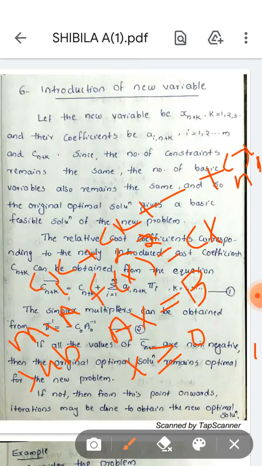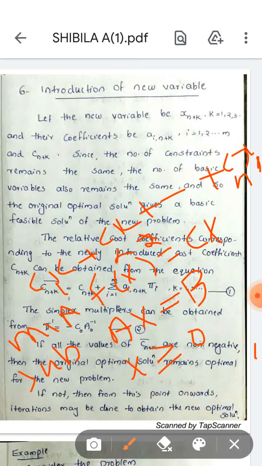Here we introduce a new variable x(n+k) to this LPP, where k equal to 1, 2, 3 etc., which means x(n+1), x(n+2) etc. and their coefficients a(i,n+k), where i equal to 1, 2, 3 etc. m.